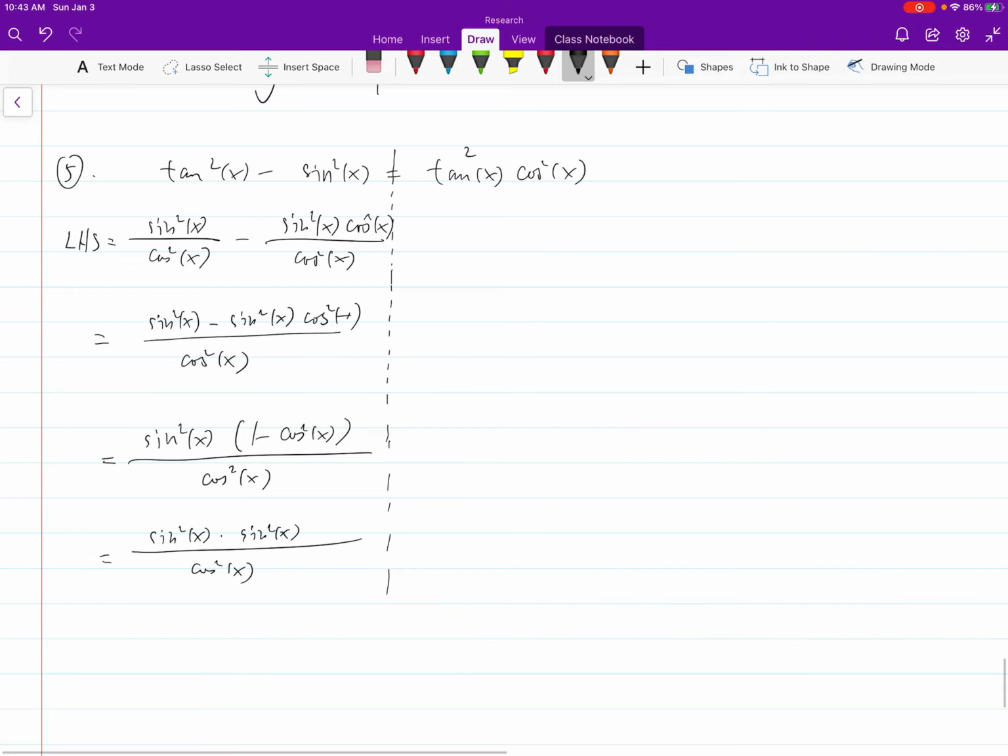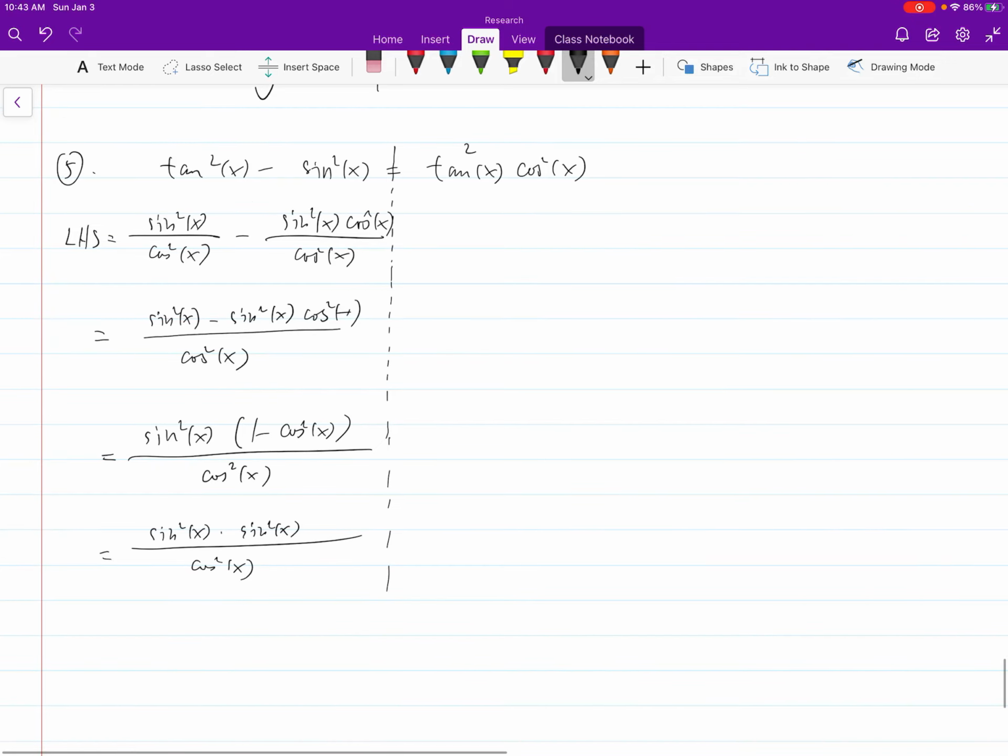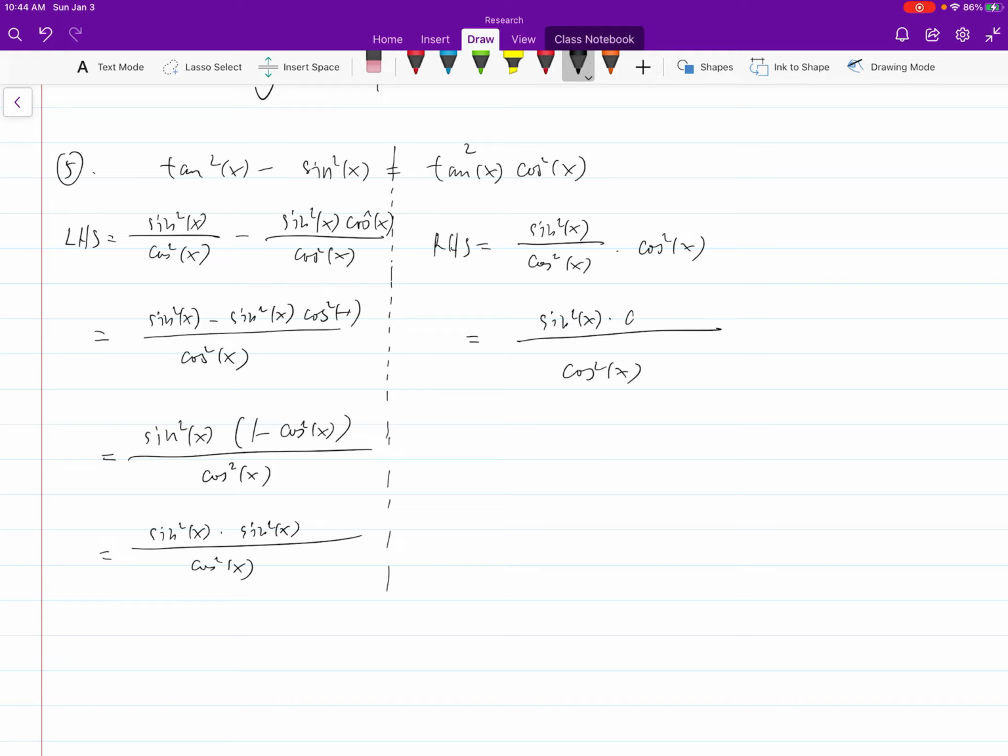It's gonna be sine square x times sine square x times cosine square x. All right. You can simplify further, like I said, but you also have the right hand side, so why don't you just start from here? Sine cosine, therefore I'm going to do sine cosine, which gives me cosine square, so great, the bottom match.